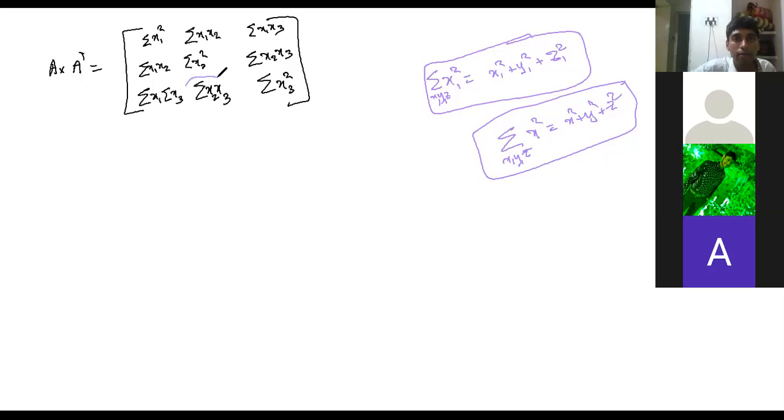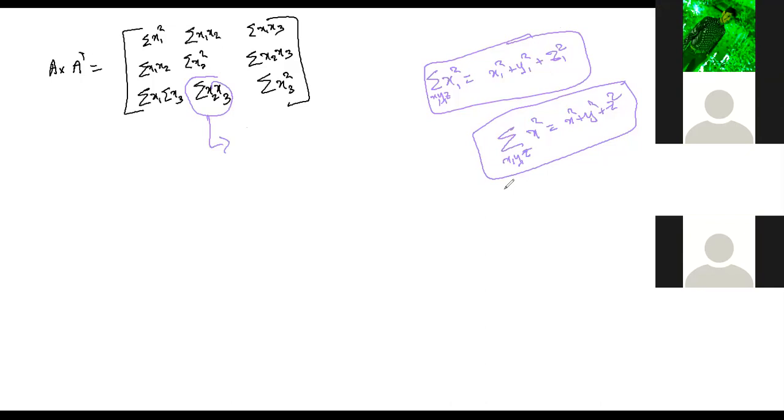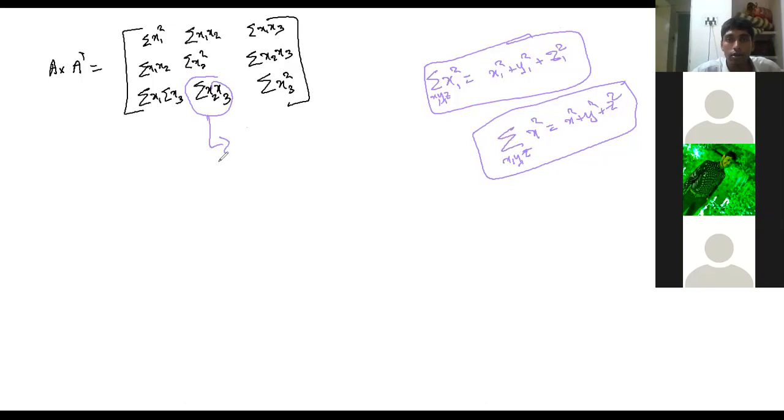Similarly, all these things also. Now you tell me, Amisha, what would be the meaning of this? Anyone else can replace her? The answer is x2 x3 plus y2 y3 plus z2 z3.